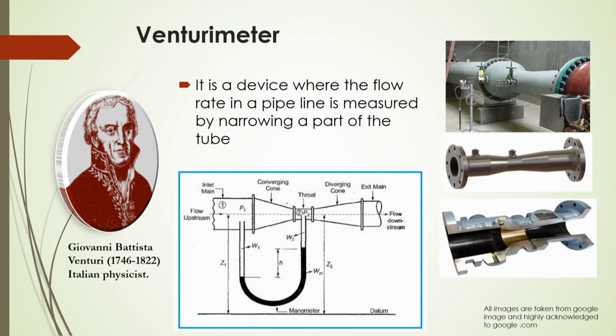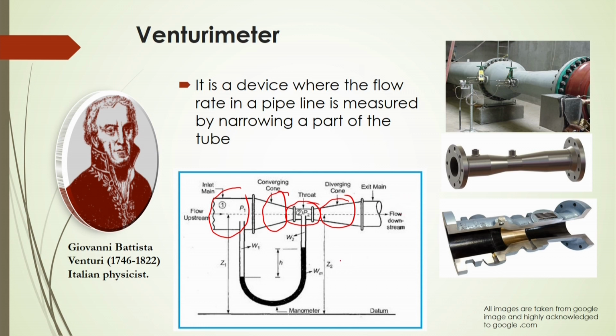You will see there is an inlet main section, and flow through this section is called the main upstream flow. Then the flow goes through the converging cone, then through the throat, and from the throat to the diverging section, and then to the exit mainstream.